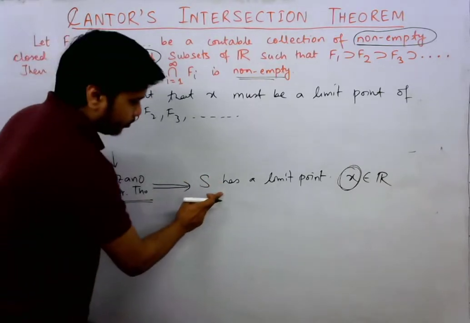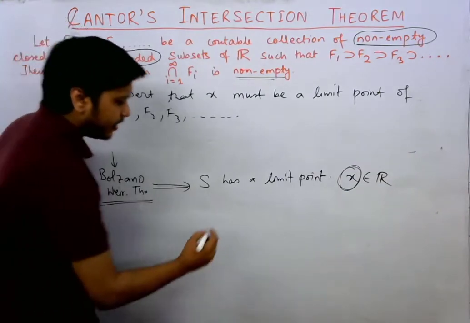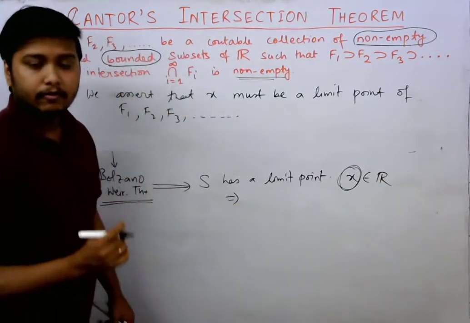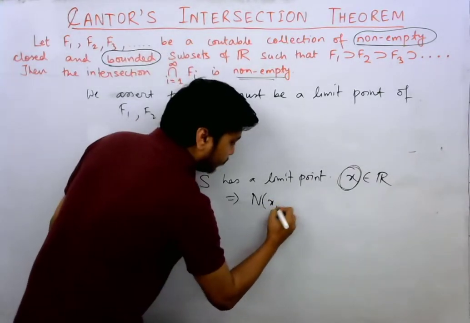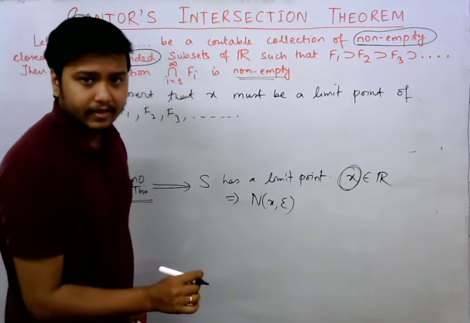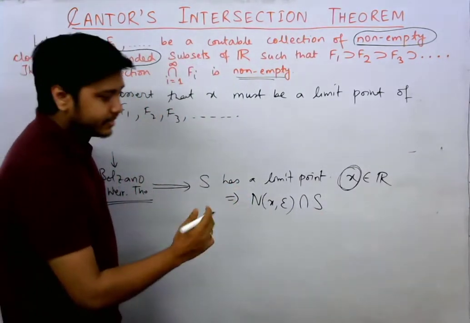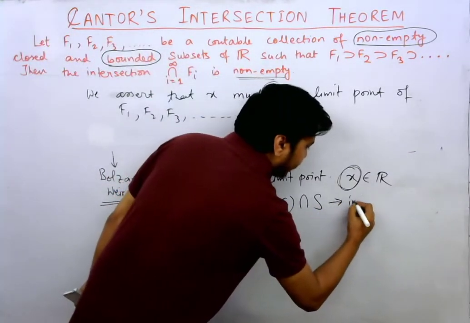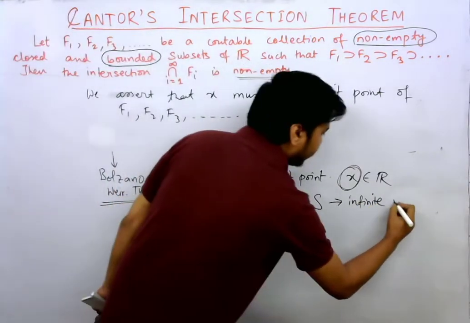Let's come back to here. As we said that X is a limit point of the set S, now from the definition of limit point, what can I say? That there exists some epsilon neighborhood of x such that the neighborhood intersection the set itself is infinite, or it contains infinite number of elements.